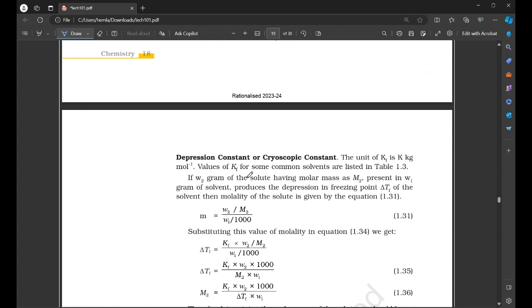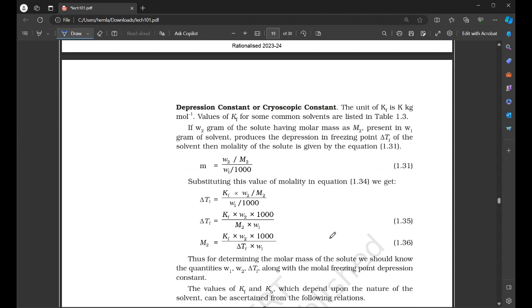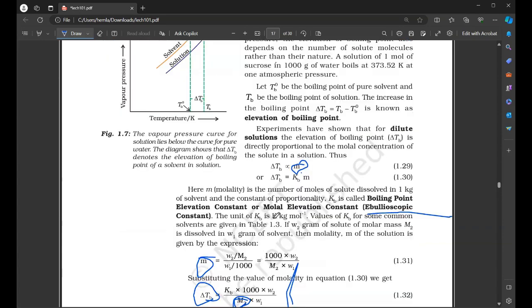Same thing. Values of Kf for some common solvents are in Table 1.3. If W2 is given, maybe we can use the same formula, just with delta Tf given. We can see, right?